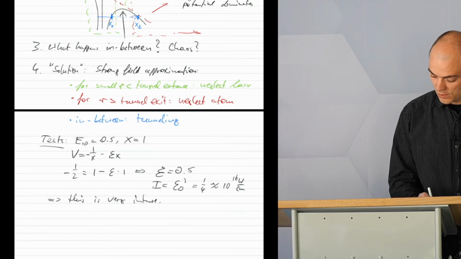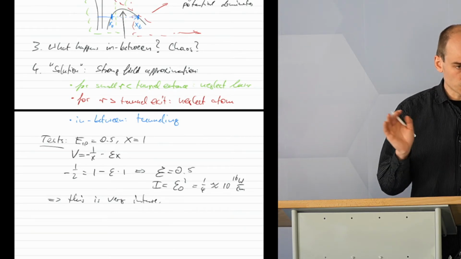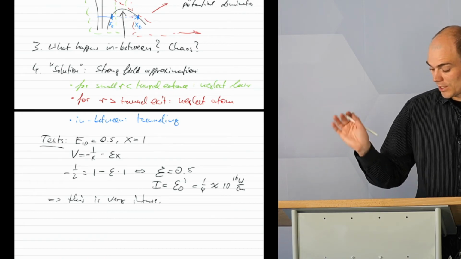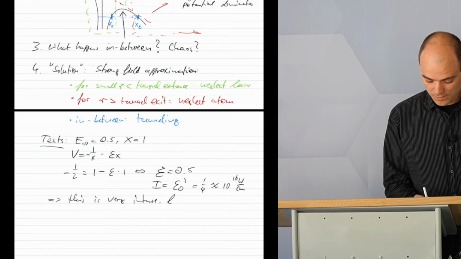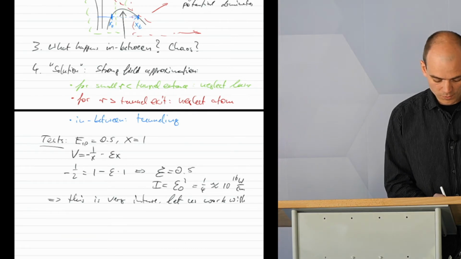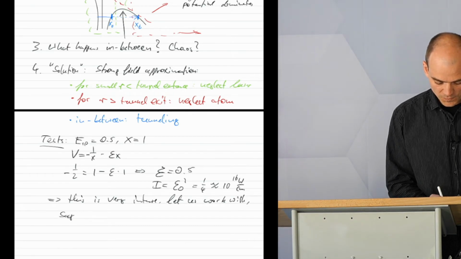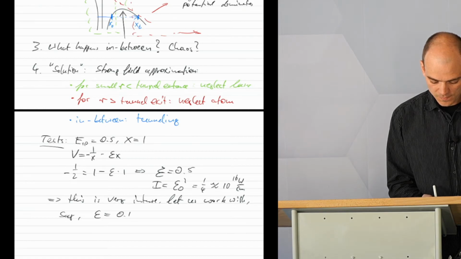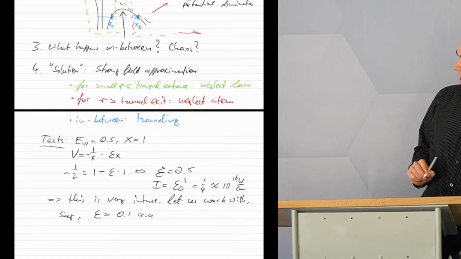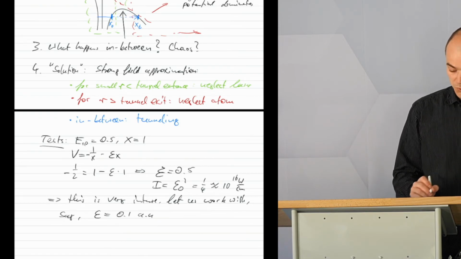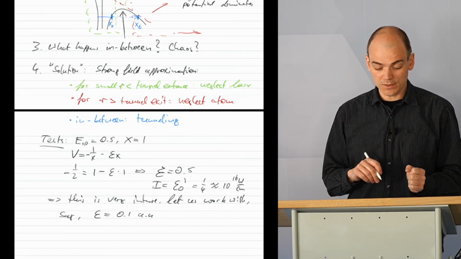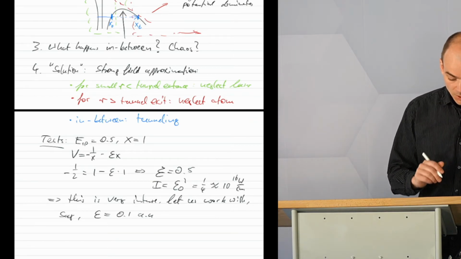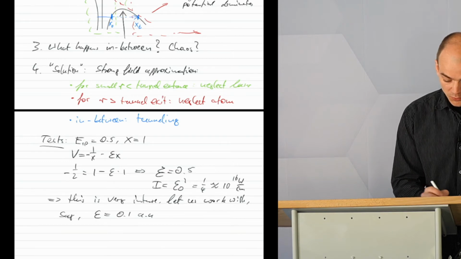We rather work with, say, an electric field of 0.1 atomic units or so, and this would be an intensity value of 3 times 10 to the 14 watts per square centimeter. Okay, then this is the first test.